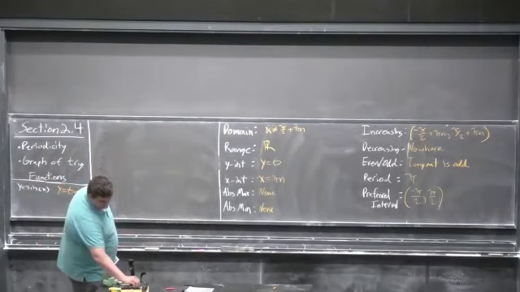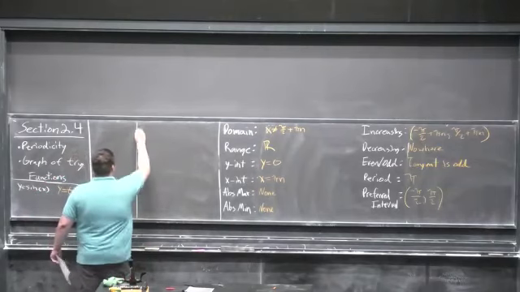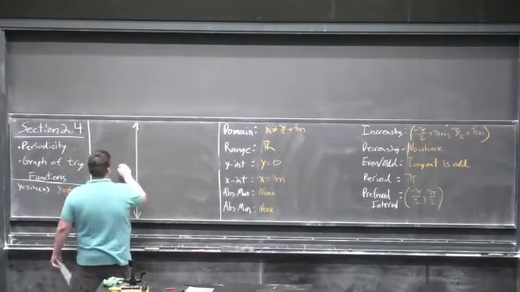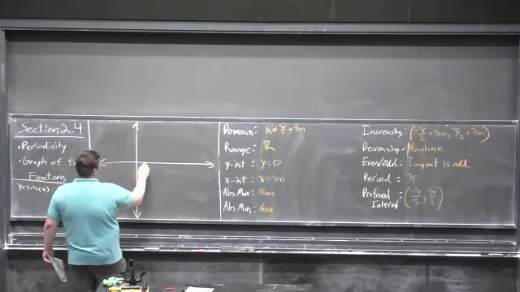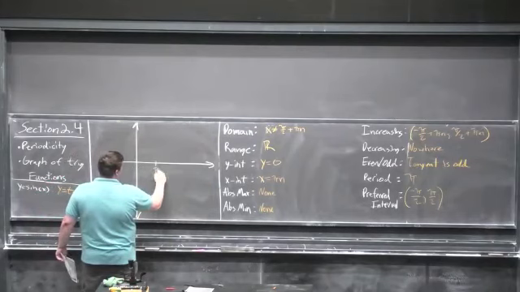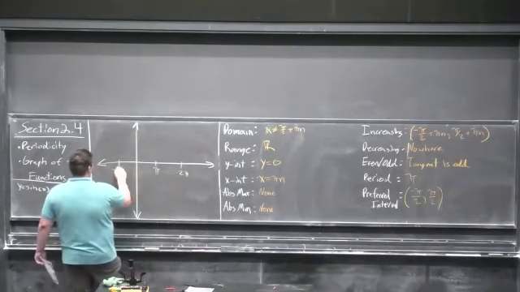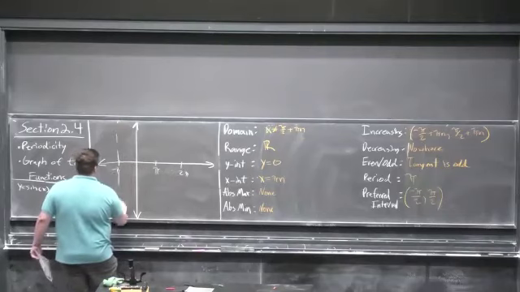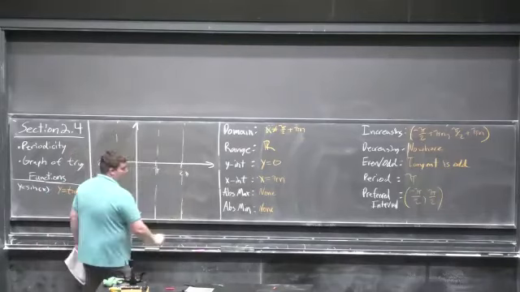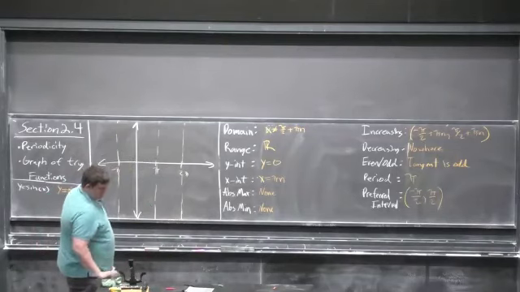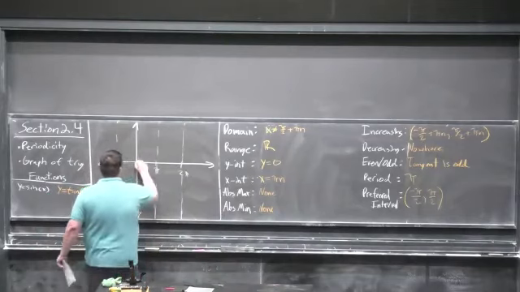So if I look at, here's pi, 2 pi, negative pi, I'm going to be asymptotic there. And my tangent looks something like this.